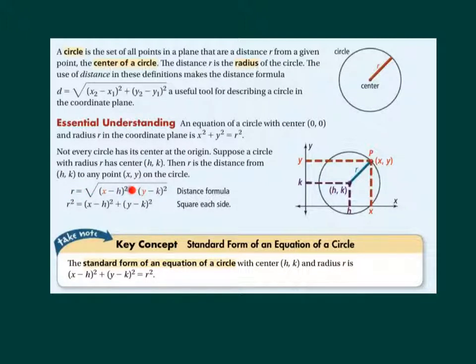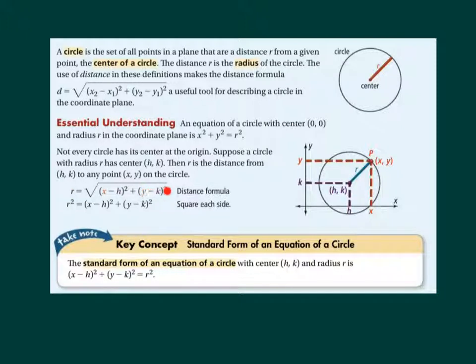And it's the distance between 2 points, where one of the points is just an (x, y) point on the circle. So that could be anywhere on the circle. We refer to that point as (x, y). And the second point in our distance formula is the center, which is (h, k). So this is always going to be h, this is always going to be k. The (x, y) is the point that's going to change.